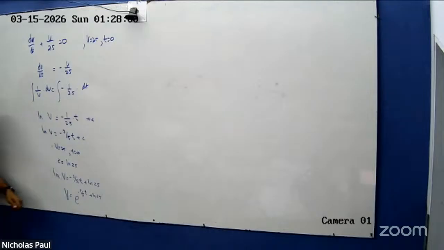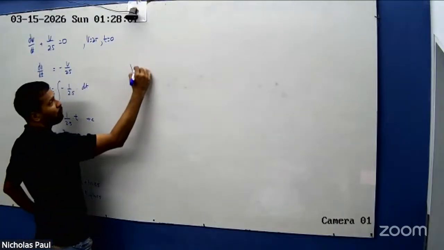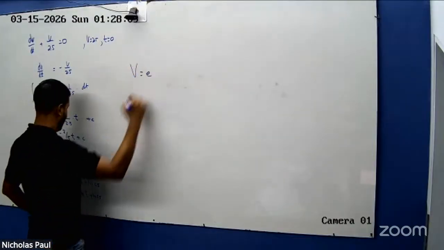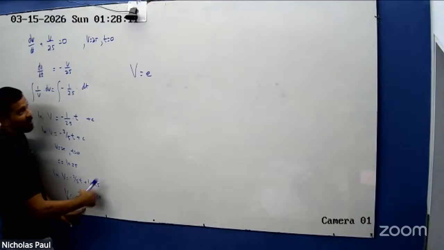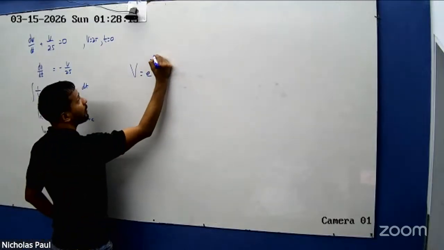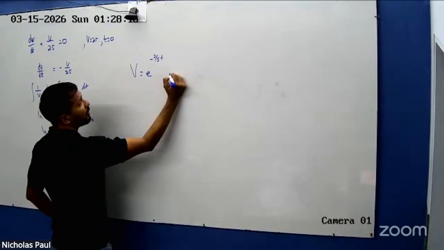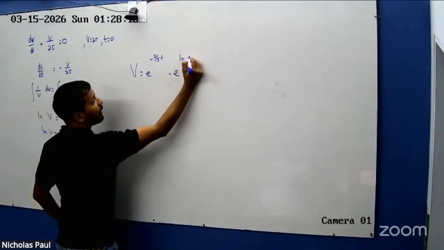Right. But when you reach here, we're not done. You should make it look a little bit nicer, right? So watch this here. What does plus mean? Plus means that you would have multiplied, right? So you're multiplying e ln 25.